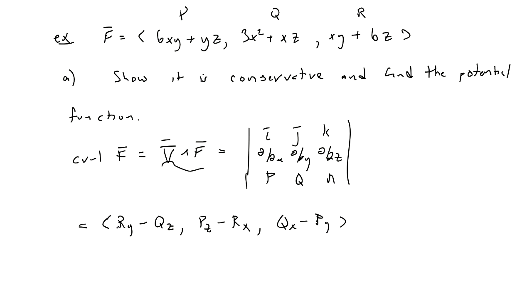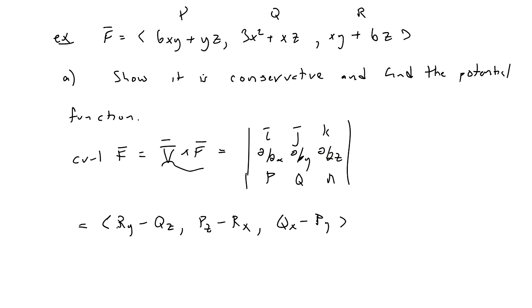So conservative means that there's a function whose gradient is equal to it, and that happens to be true if this vector is equal to 0, which is equivalent to, if you remember in two variables, we just said all the mixed second derivatives have to be equal. And so here that's still true, so you can also do it that way.